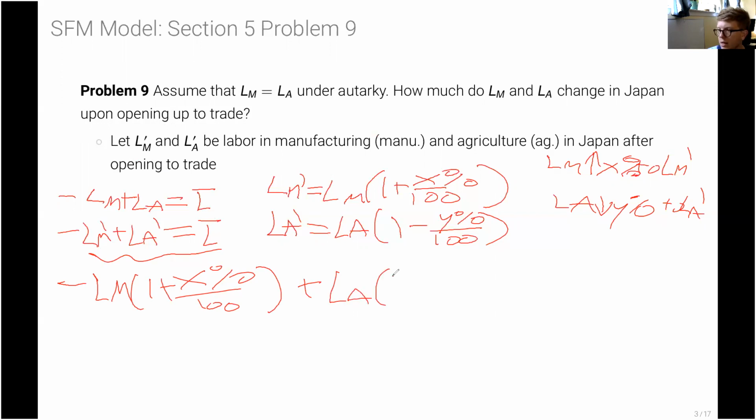Now I'm just taking their new values and rewriting them with their initial values, knowing that each is going to increase or decrease by X and Y respectively.